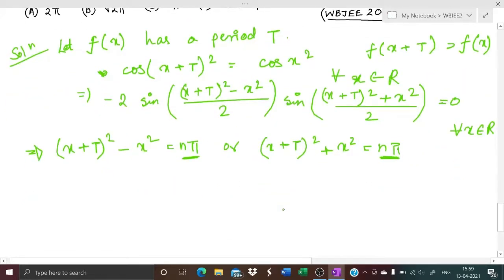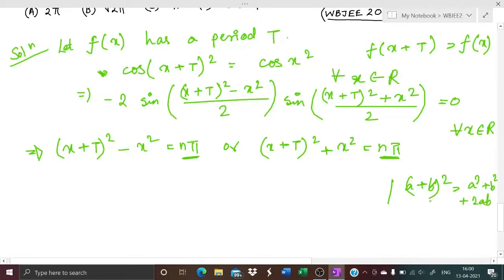In an identity, whatever value you put, a square plus b square plus 2ab equals (a plus b) whole square. This is an identity for any value of a and b. Let me write (a plus b) whole square, which is a square plus b square plus 2ab.